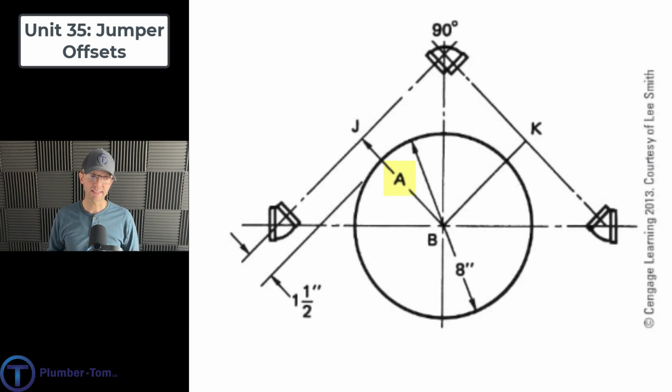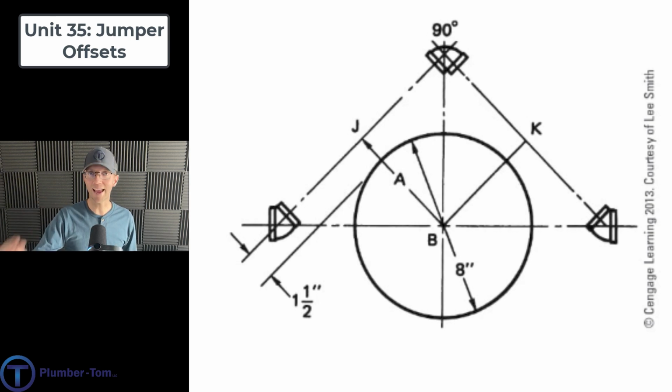A is that diagonal distance from the center of the circle going out to the center line of pipe. You see that there at J. It's the same thing over at K. If I can figure out what that is, that's an excellent starting point for me to figure out J. Well, how would I figure that?